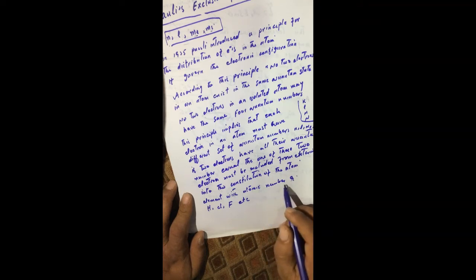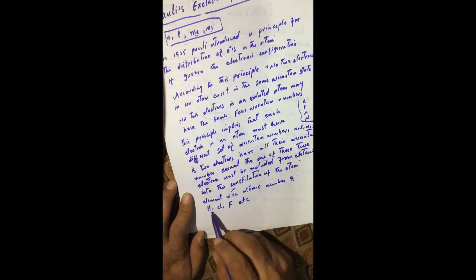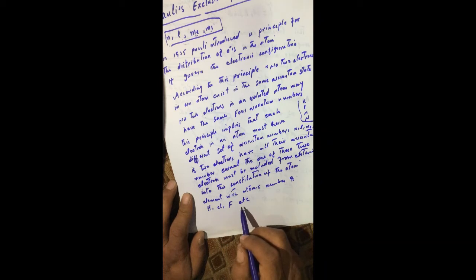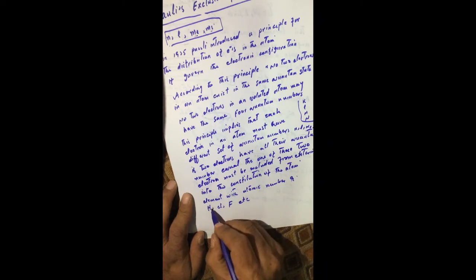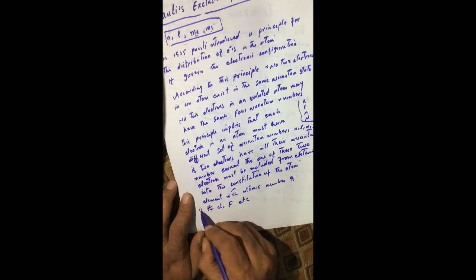So atoms with atomic number 9, they are hydrogen, chlorine, fluorine, etc. No, it's not hydrogen, it's halogen.